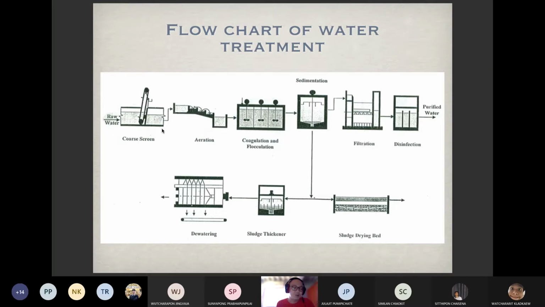And then after the coarse screen, there may be some other unit operations like a fine screen, primary sedimentation tank, or maybe a grit chamber. In this primary treatment process, all the big particles and suspended solids are supposed to be completely removed.